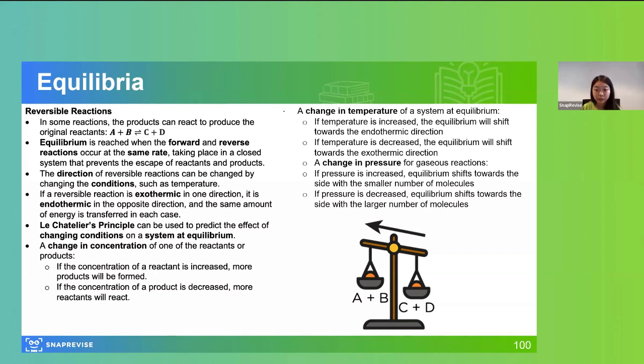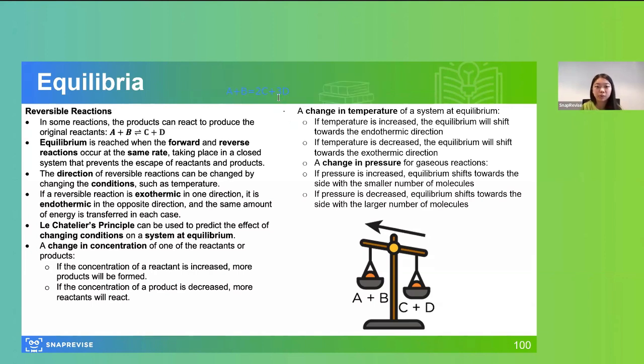Now for pressure. If the pressure increases, this is where it's a bit confusing, it's going to shift towards the side with the smaller number of molecules. Let me just type this out because it's hard to explain otherwise. Let's say I have A plus B, and let's pretend that's the reversible sign, 2C plus 3D.